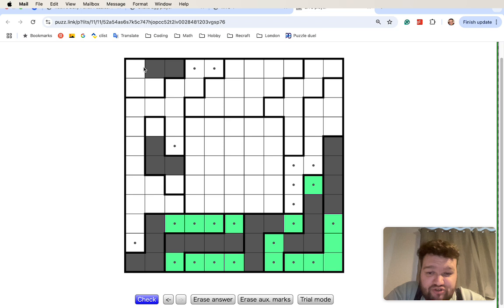This corner region must connect to the outside world, and it can only do this through this region. So if in this region, which is kind of long, I shade something like here, it will not reach this part and it will be cut off.